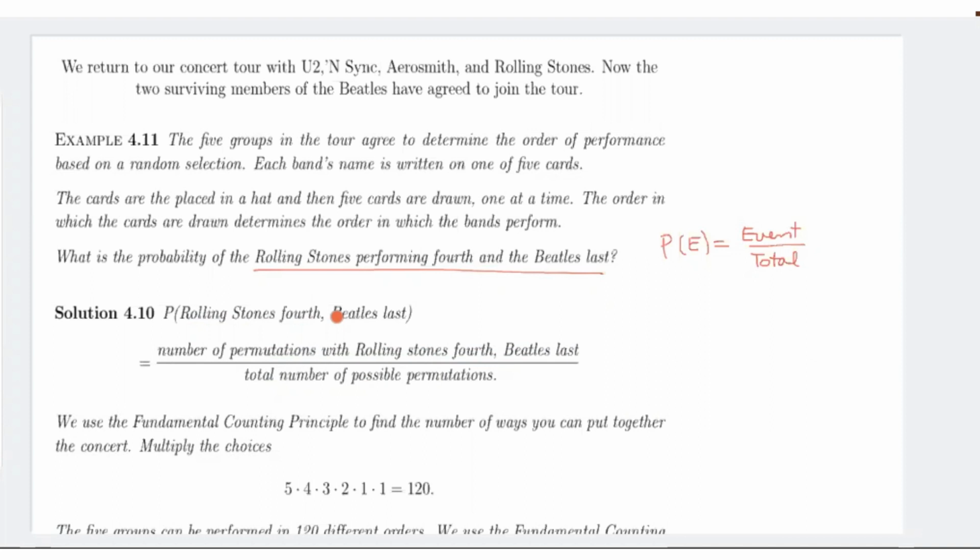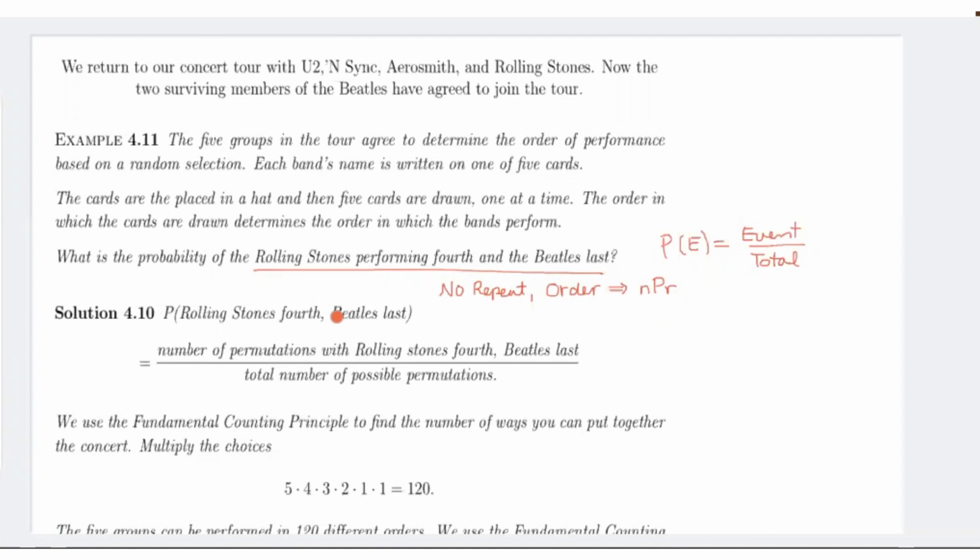As you see, there is no repetition, and order matters. So this is a permutation. We have practiced this in previous sections.